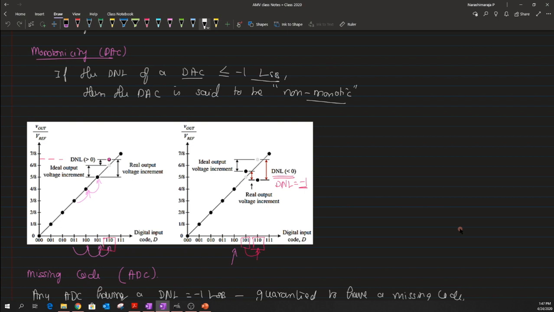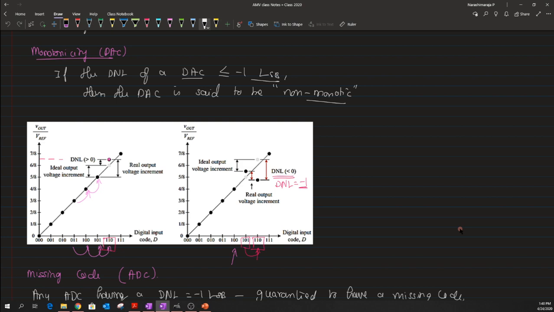Now, if this digital to analog converter fails to have this kind of property, like an increment in input digital data results in a non-incremental shift in the output voltage, then we say that the DAC possesses non-monotonicity, provided its DNL is less than -1 LSB.